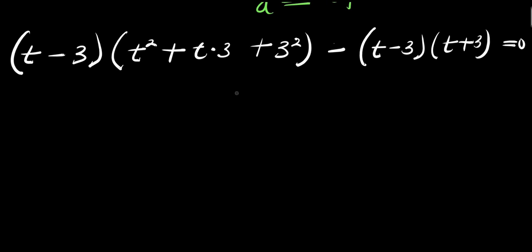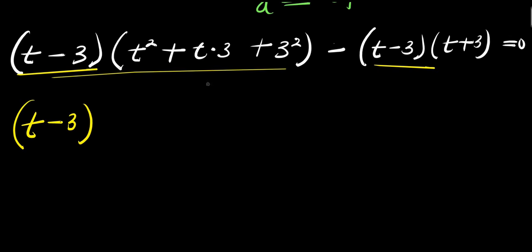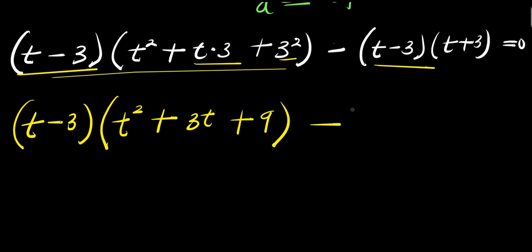So at this point in time, I can factor out t minus 3. T minus 3 times, if you divide this by t minus 3, what you are going to get will be t squared plus, if you multiply this, you have 3t plus this will give you 9 minus, if you divide this by this, you simply have t plus 3, and this equals 0.